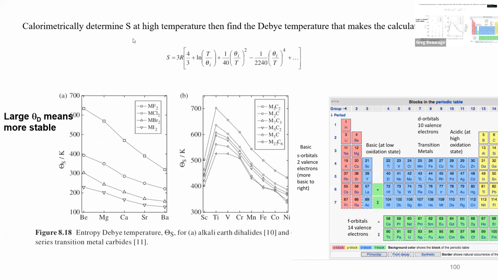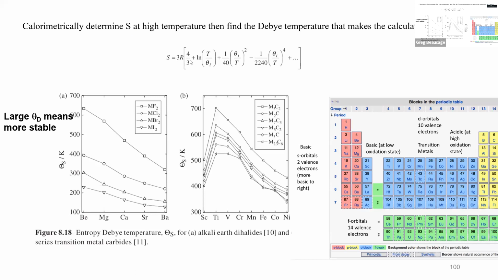What is this in calorimetrically determined S at high temperature? You can get the Debye temperature from the entropy measurement. If you measure the free energy and then look at the temperature dependence of the free energy, you get the entropy.